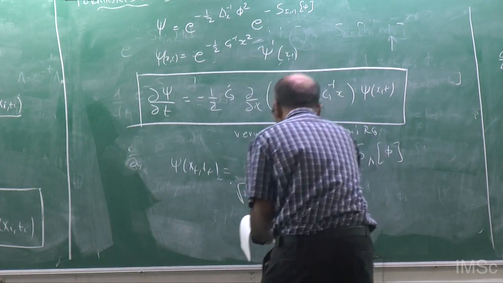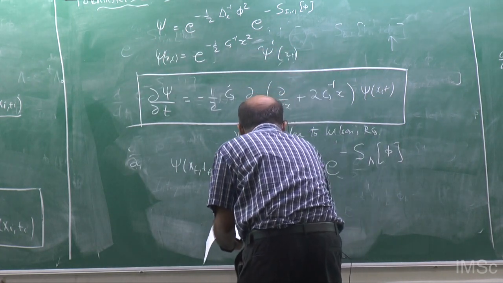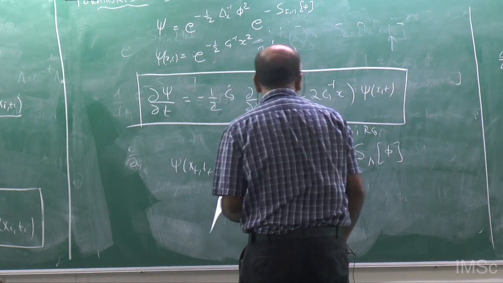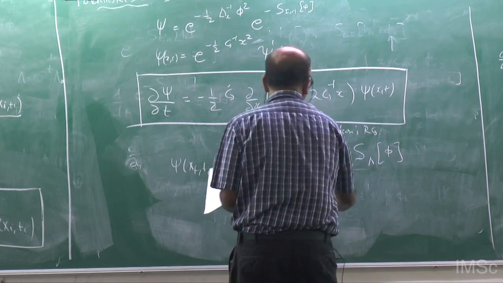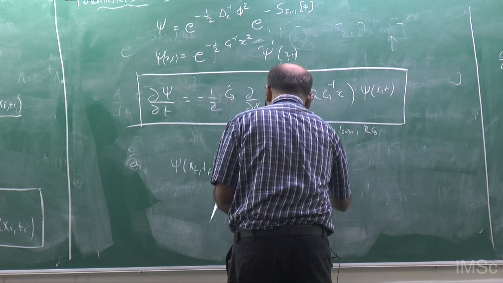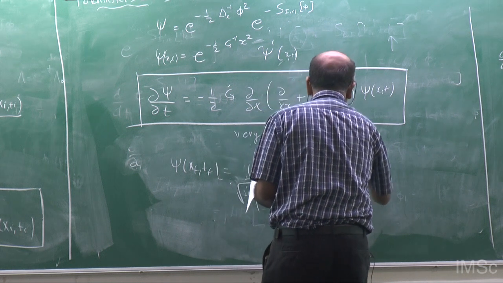I'll write it in a symmetric form. So there's some factors, 1 minus gf by gi times dxi e to the power of minus half.